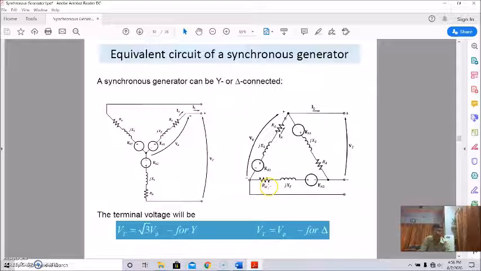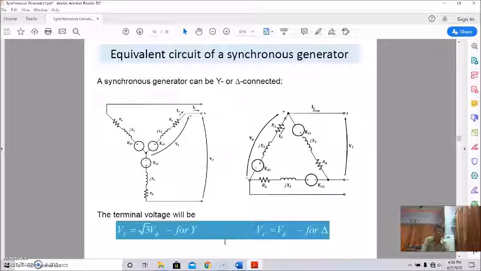This is for delta connection. So from the equivalent circuit of the synchronous generator, for star connection the line or terminal voltage is √3 times the phase voltage, and for delta connection the line or terminal voltage is equal to the phase voltage. Clear?